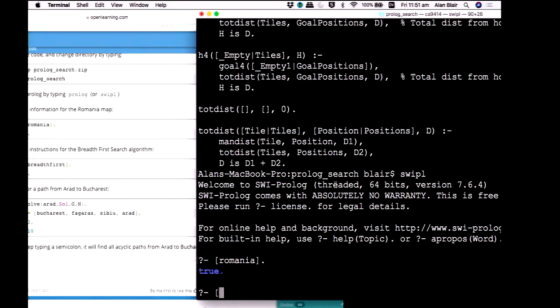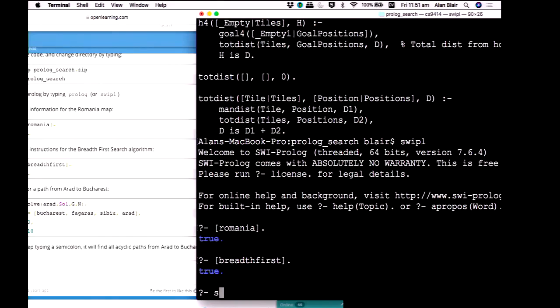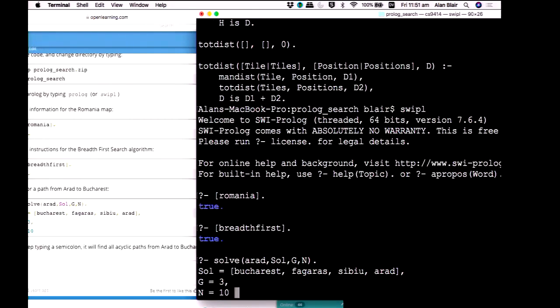And then if I type breadth first, the way this works is I type solve Arad sol g n, and it says, look, I want you to look for a path starting from Arad, going to the goal state. The path will be called sol, the number of nodes will be called g, and the length will be n.